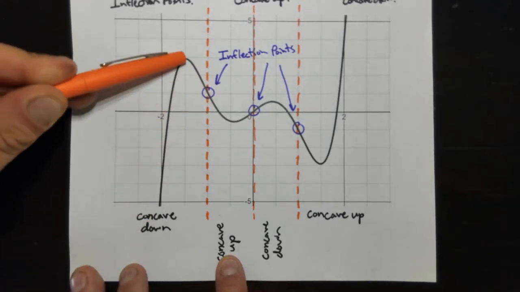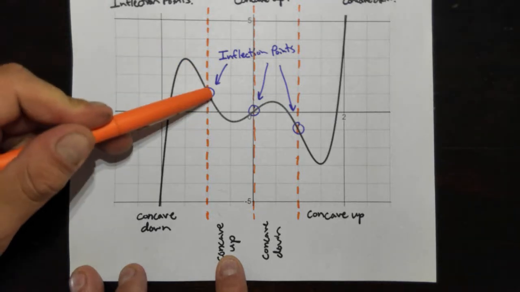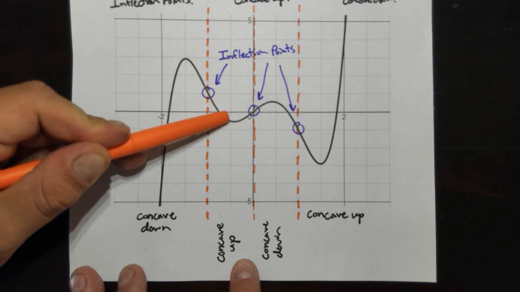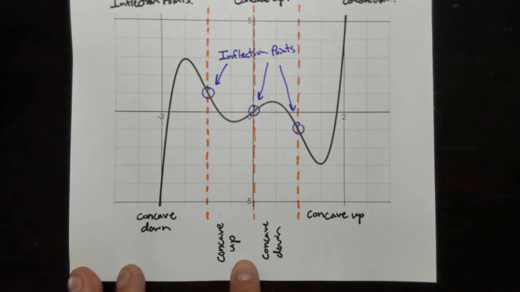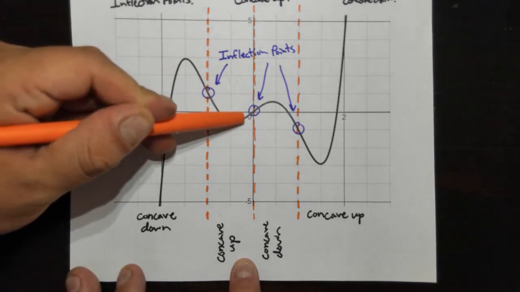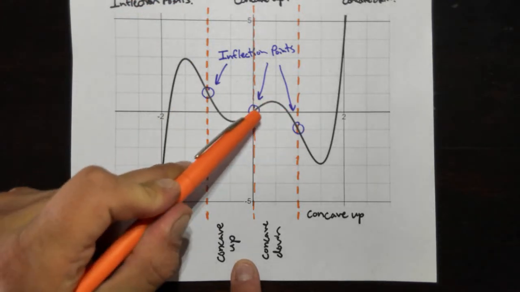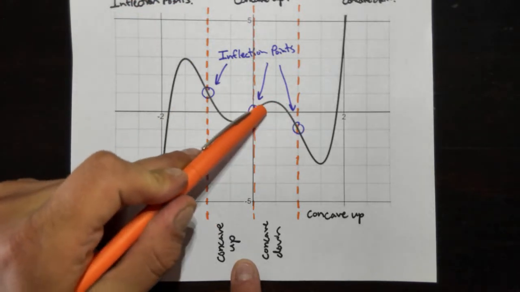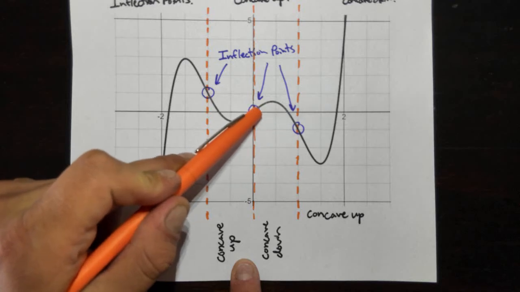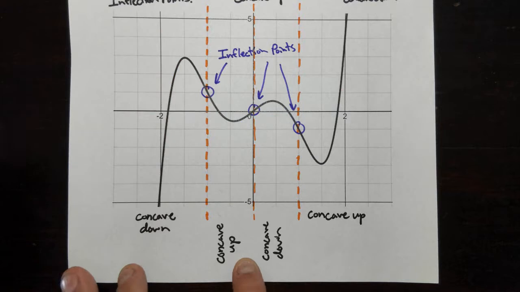It's like an upside down cup. And then this next portion is concave up. My professors used to say it's concave up like a cup. So it's going up, and this next part is concave down. It's bending downward, like an upside down cup, if you will. And then this last part is concave up.